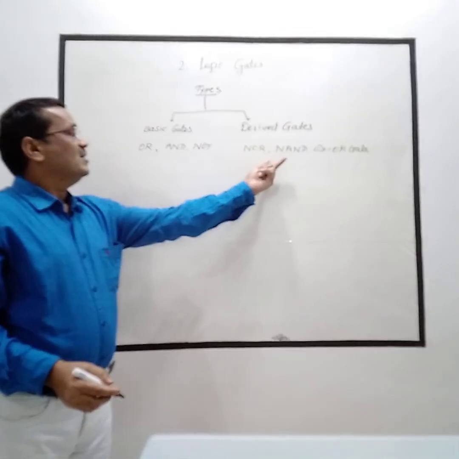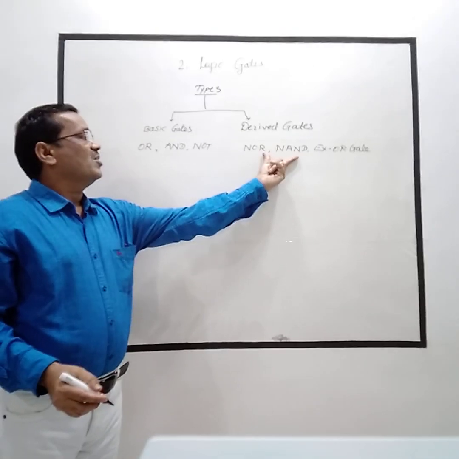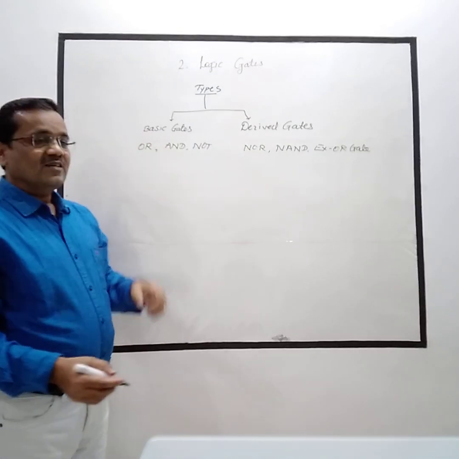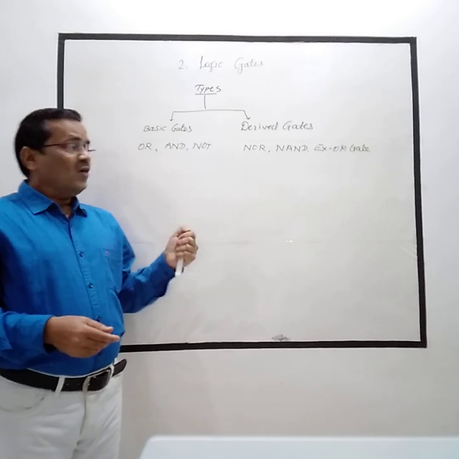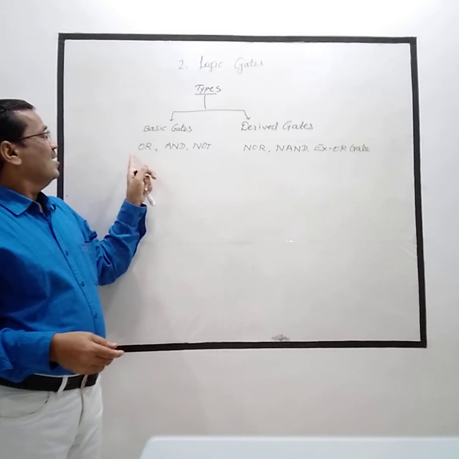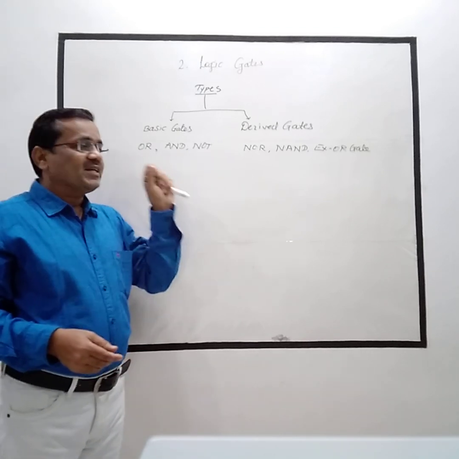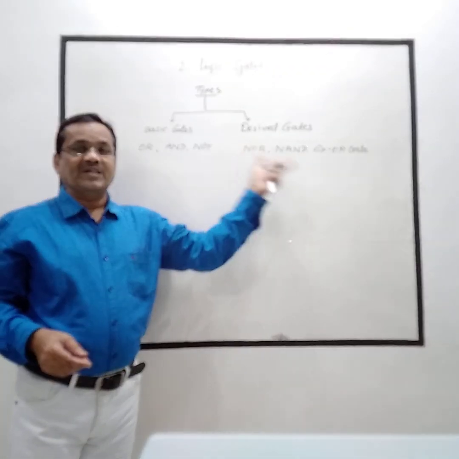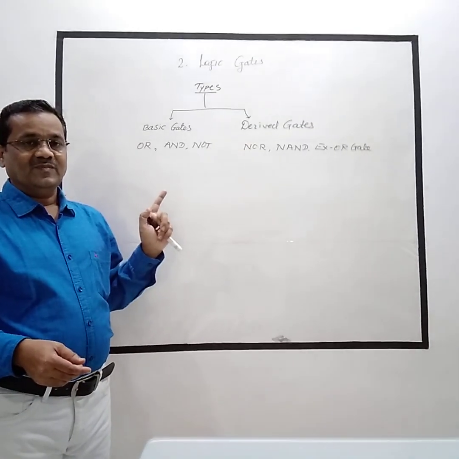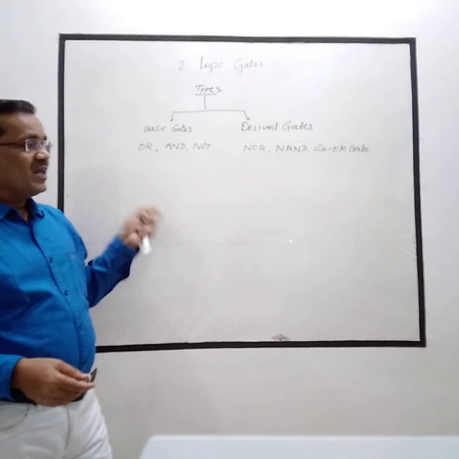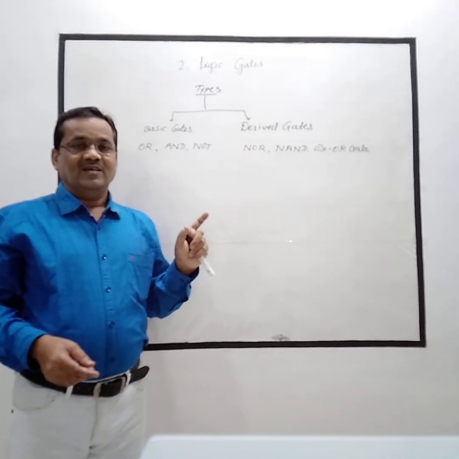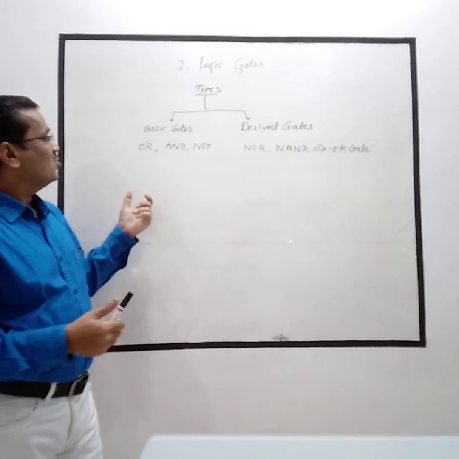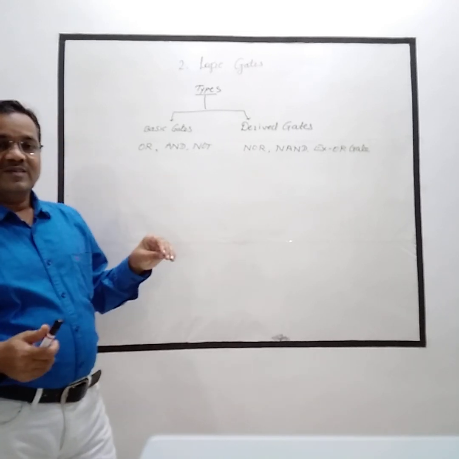So these are the derived types of gates, and these are the basic gates. Now we have to study the basic gates as well as derived gates in this chapter. Again, what are the laws of Boolean algebra that we have to study in this same chapter?